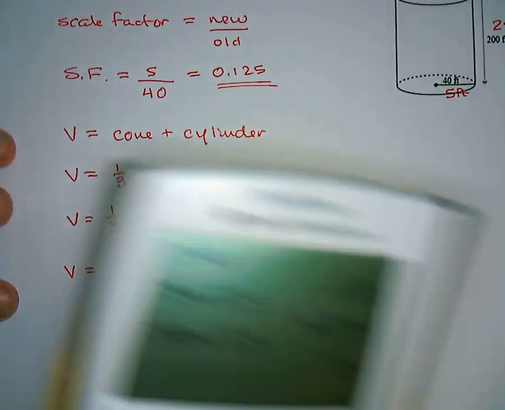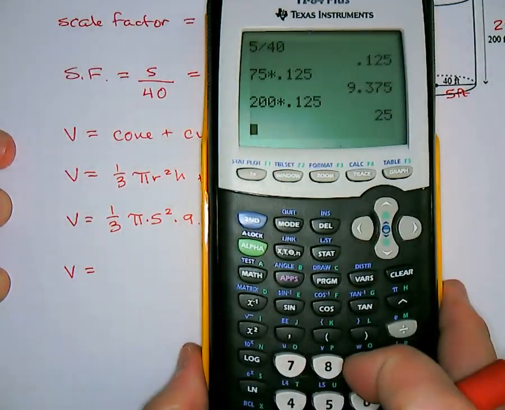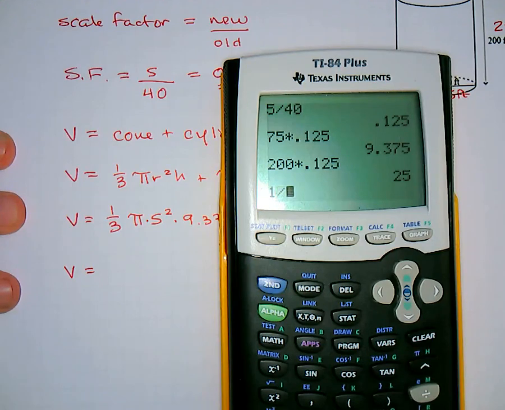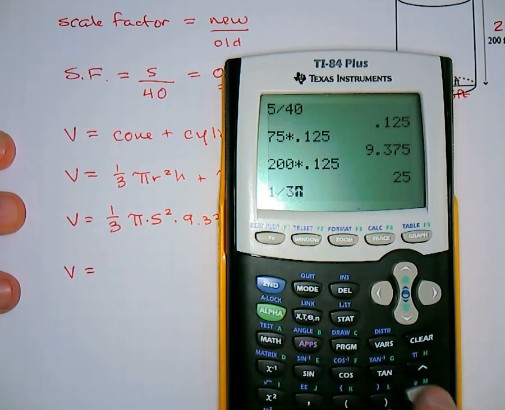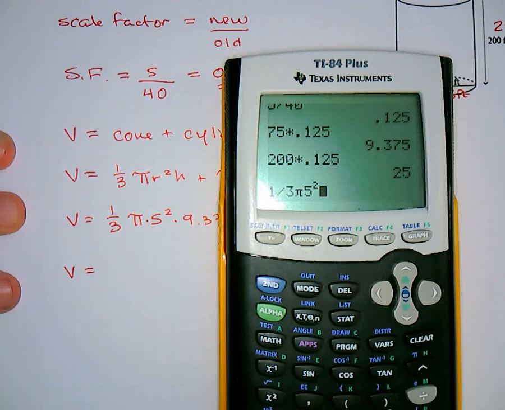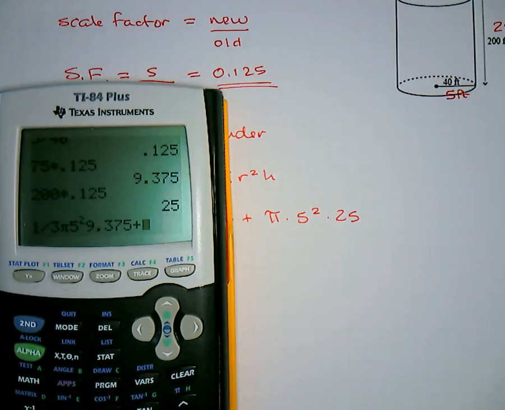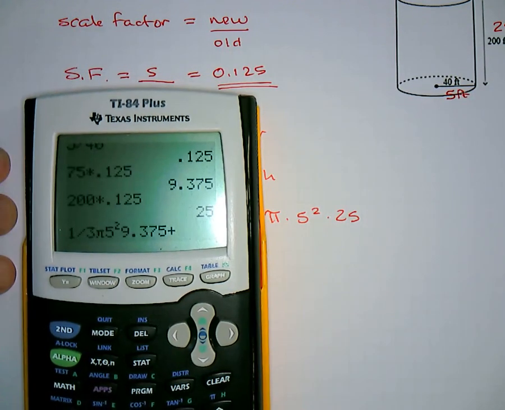So let's put all this into our calculator here. So we've got 1/3, so 1 divided by 3, pi. Our radius was 5, we have to square it, and then multiply it by 9.375, okay? And to that, we're going to add pi, 5 squared, times 25.